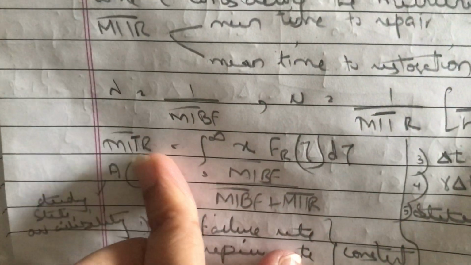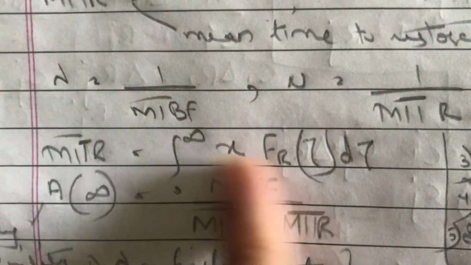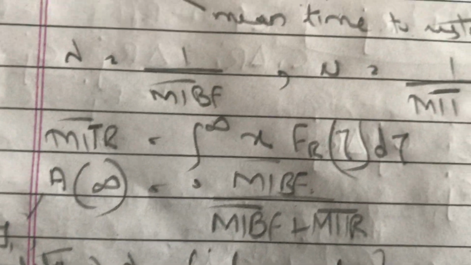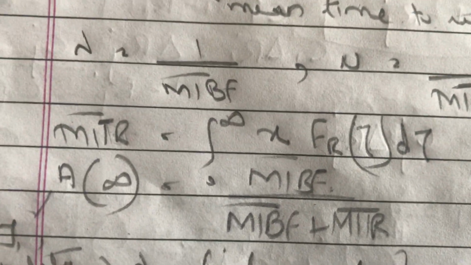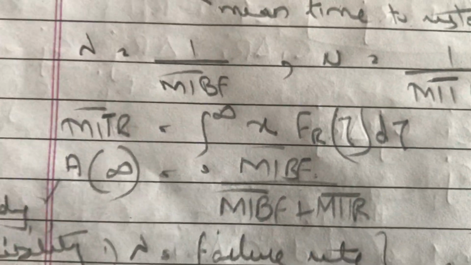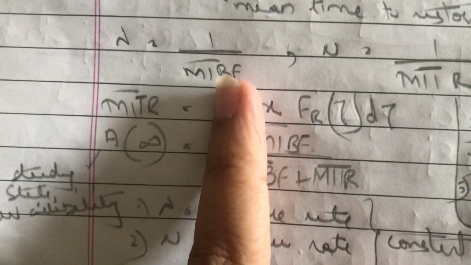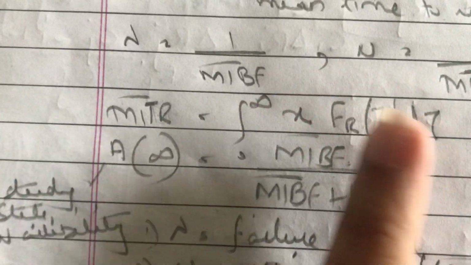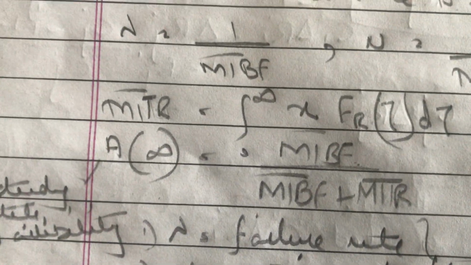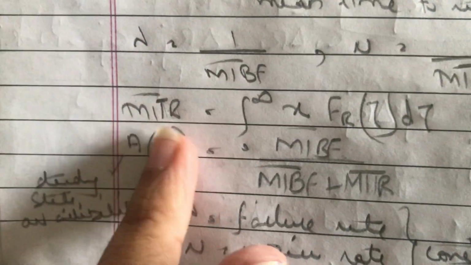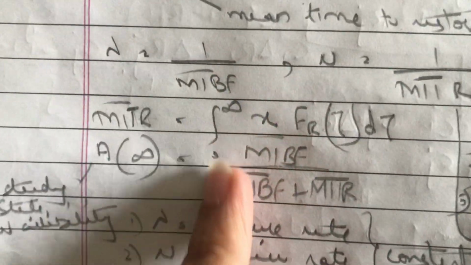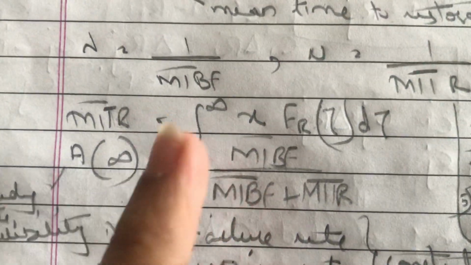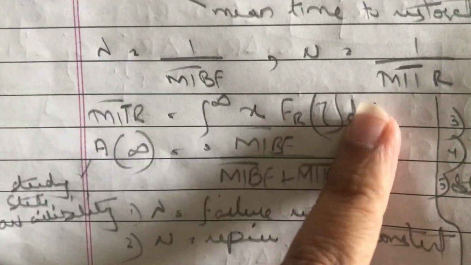How can we give the formula for the MTTR? If you remember, for MTTF we have an equation that is the integral from 0 to infinity of R(tau) d tau. But now for MTTR we have the integral from 0 to infinity of x f_r(tau) d tau.